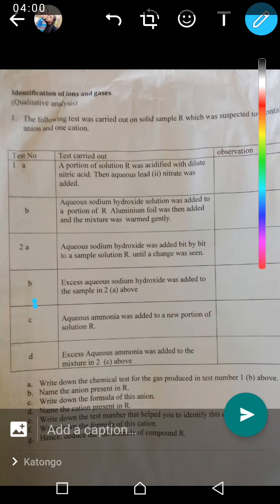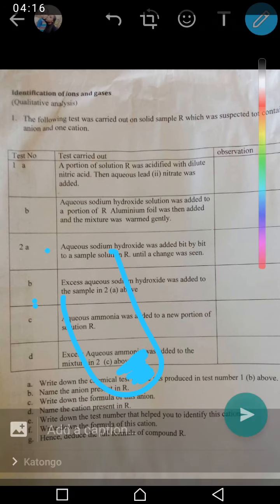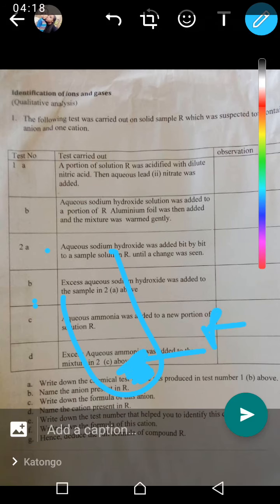Here it's saying aqueous sodium hydroxide was added bit by bit to solution R until a change was seen. Have you seen? Again, you get solution R, you get another test tube, you put solution R in there. Then what do you add? You begin to add sodium hydroxide, and then you record the color change that you see in here.